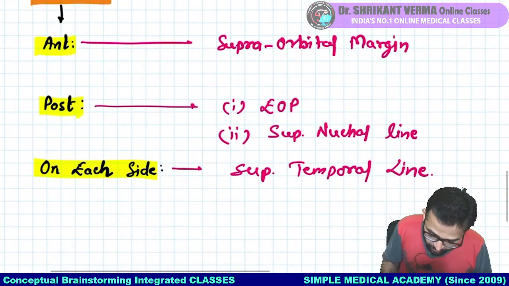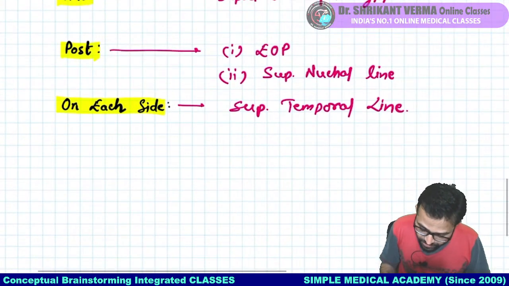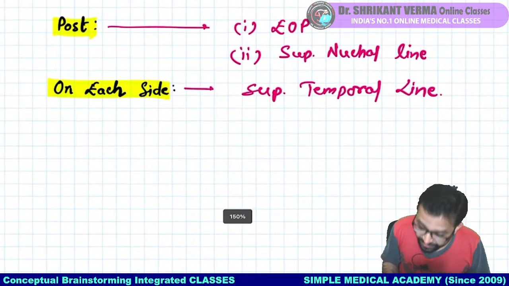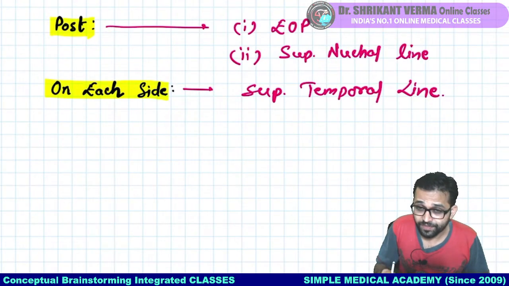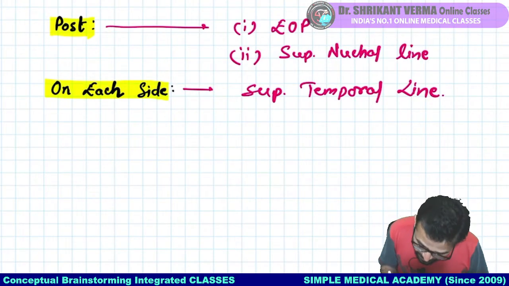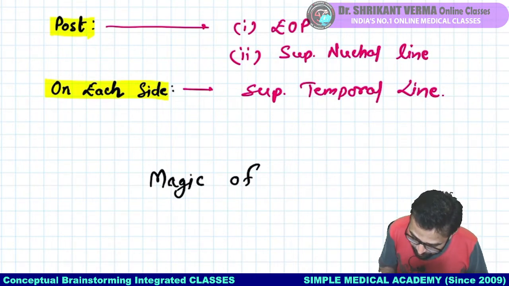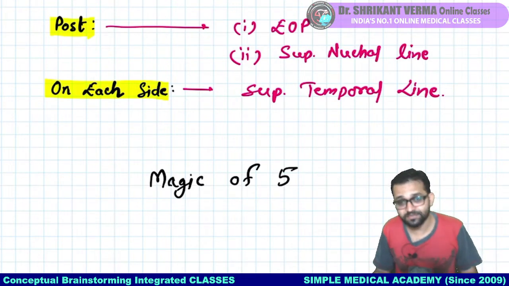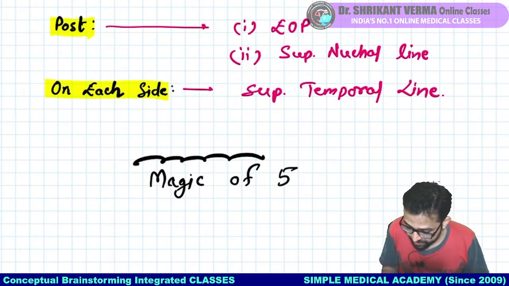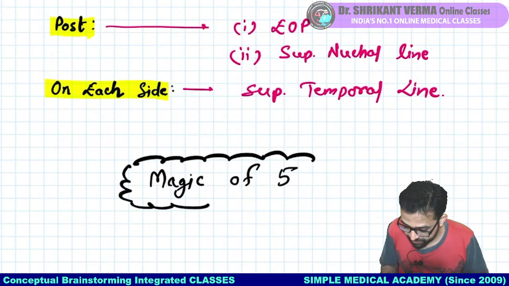Yes, here we describe the extent: anterior, posterior, and on each side. Fine. Now what are the points in a very interesting and funny way which you can recall? The scalp, it is the magic of 5. How can you remember scalp as the magic of 5?